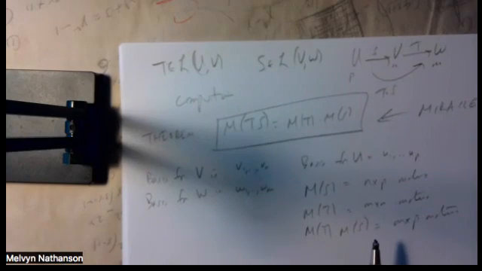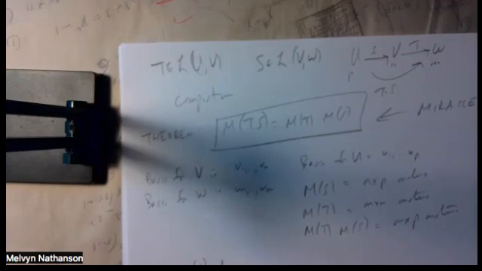And what we know about these matrices is, how do we get the matrix? So suppose we let the matrix for S be equal to A, and the matrix for T to be equal to C.